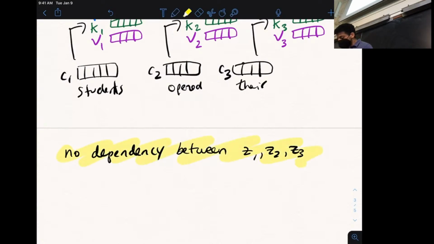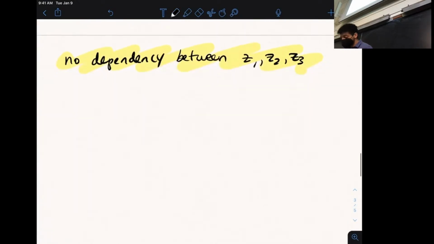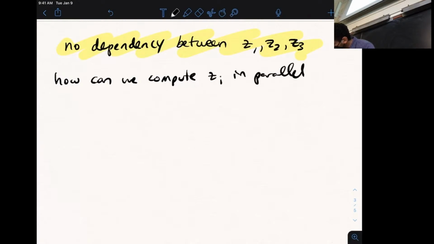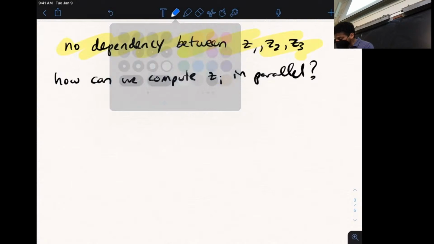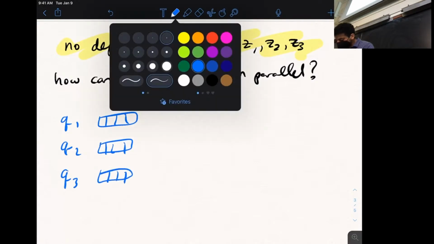All right, so let's see now how we can compute all of these things in parallel, which is a true advantage of this formulation, the transformer. And we have 10 minutes-ish to do this, so I think we can do it. How can we compute the z's in parallel? Some of you might have already caught on to this. It's quite straightforward. Let's say we have our query vectors q1, q2, q3, and our key vectors.